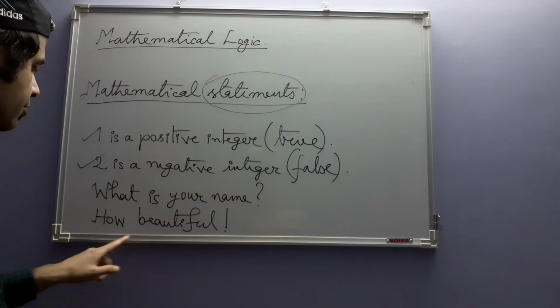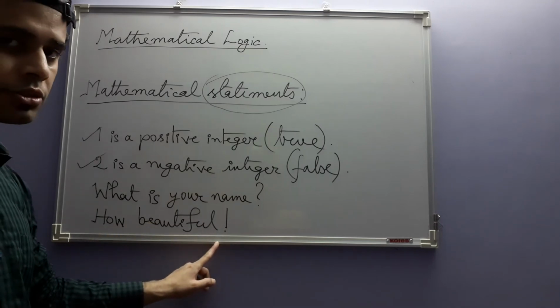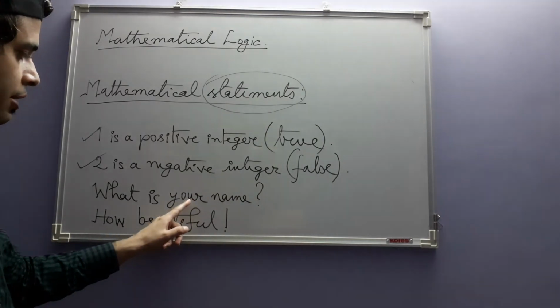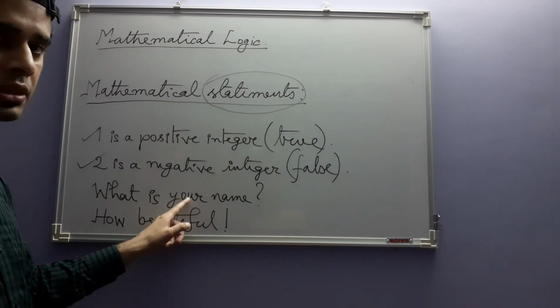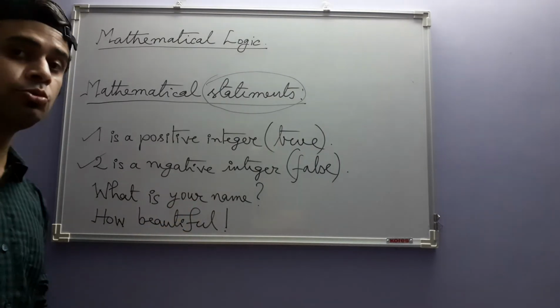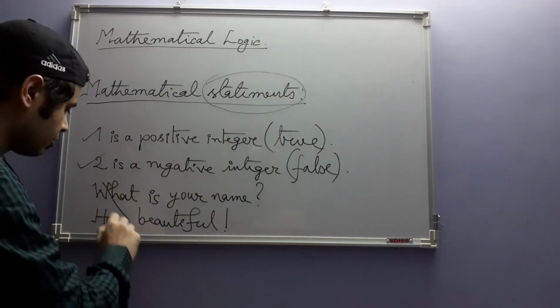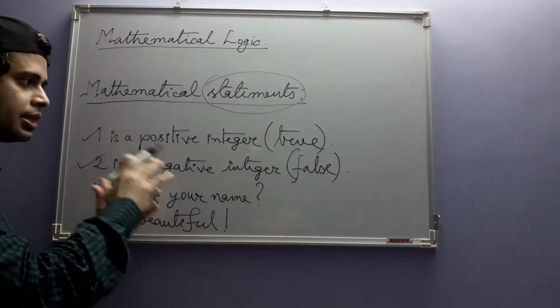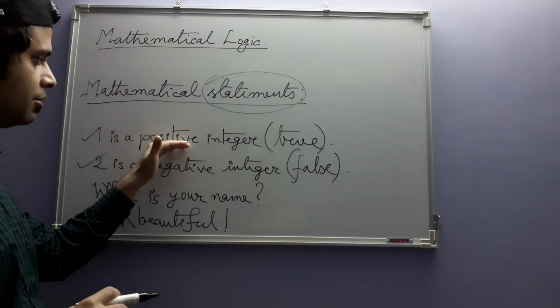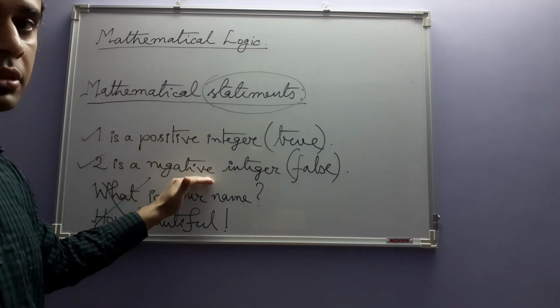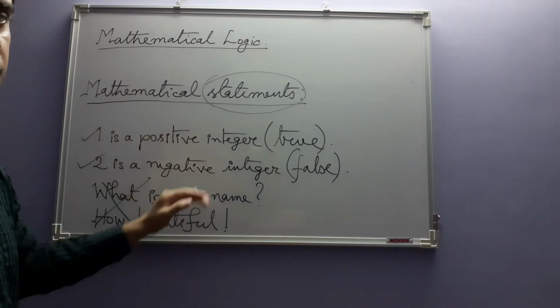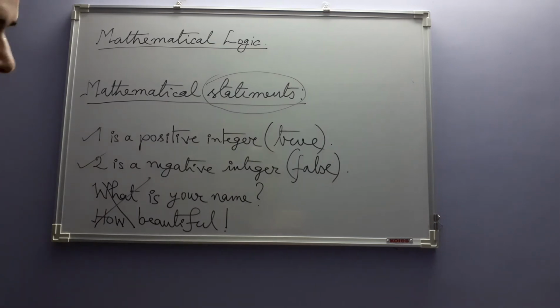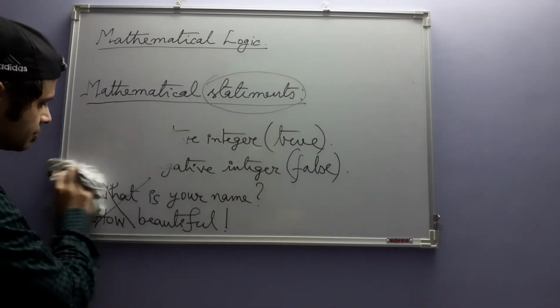However, what is your name? How beautiful? These are not statements because it does not make sense to ask whether they are true or false. A statement is some sentence that can be determined to be either true or false, but not both at the same time, of course.